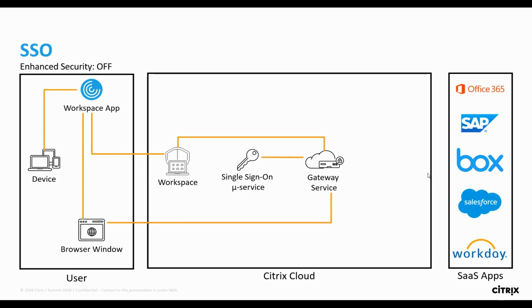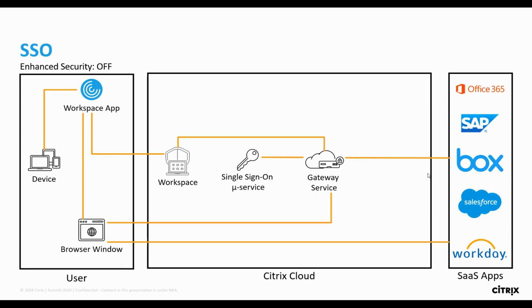Within that information that gets sent back is the URL that the browser is now supposed to access, which is specific to the SaaS app for SAML authentication. When that assertion is presented to that SaaS app URL, the SaaS app knows I need to validate this assertion with the gateway service, and it presents that assertion back to the gateway service to successfully authenticate the user.